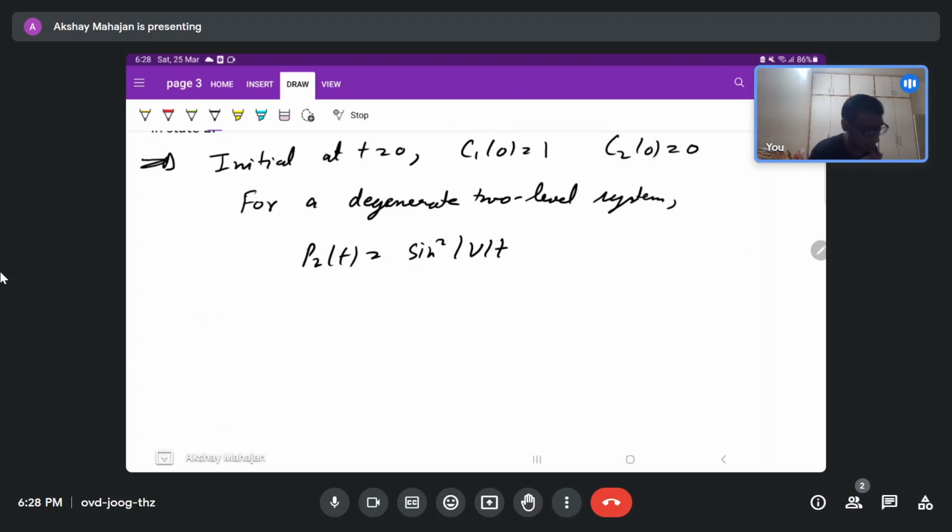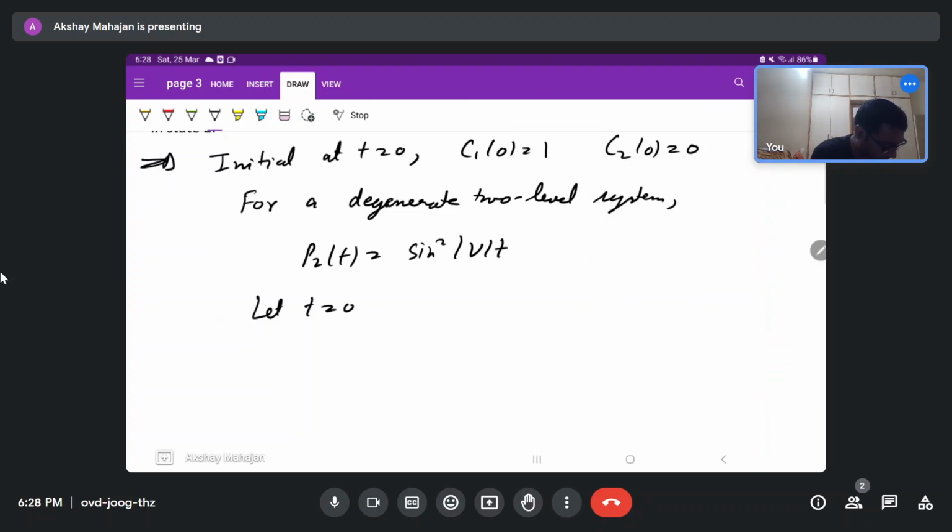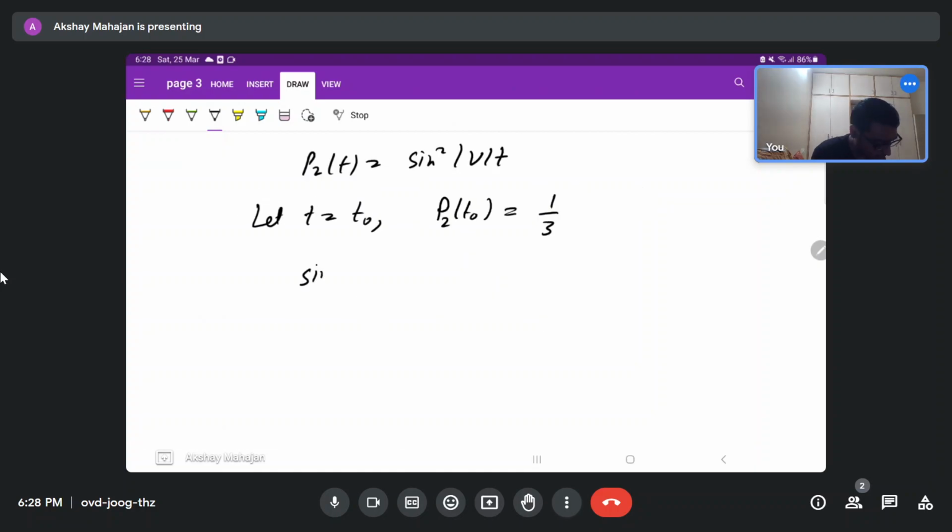Now we have to use this formula to find the time for which P2 of t at t equals t naught is 1/3. We just need to find this t naught. Putting the formula here, we have 1/3.